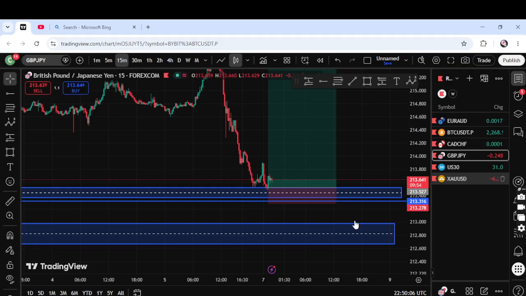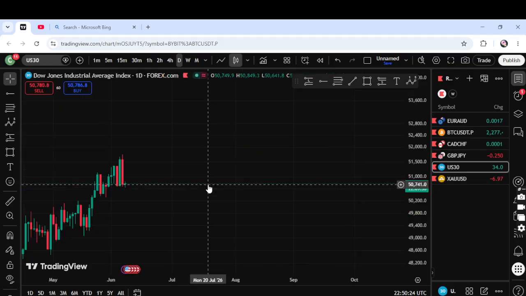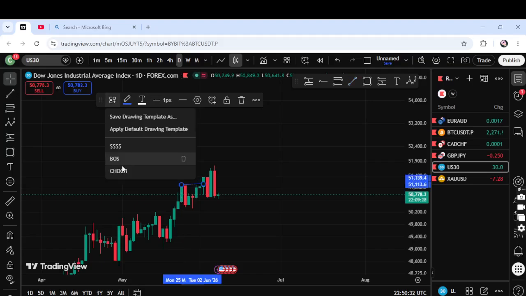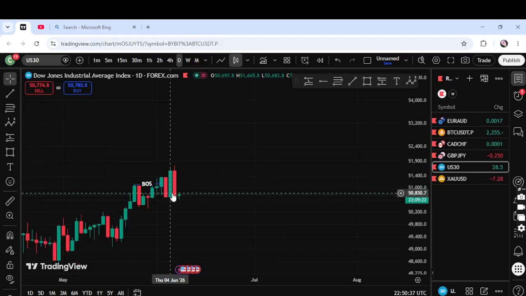So US 30. We have a break of structure from the daily time frame, indicating we are bullish, but this just creates a strong demand zone. So 4 hours, we have another break of structure.